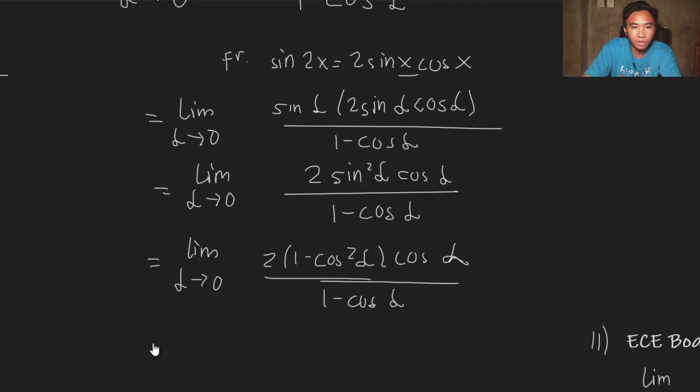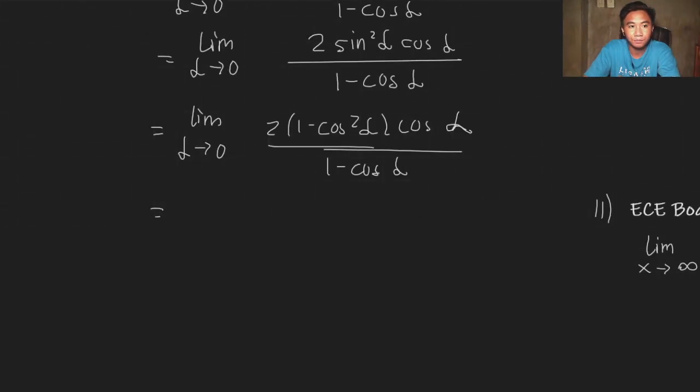So, same process lang kaganina. Ang gagawin natin is, i-break down natin yung 1 minus cosine squared alpha into, yan, dahil nagawa na natin, madali na. Alpha approaches to 0 becomes 2. Ito, i-break down lang natin.